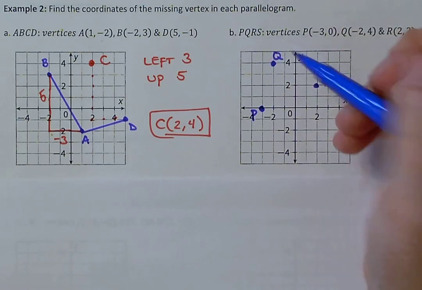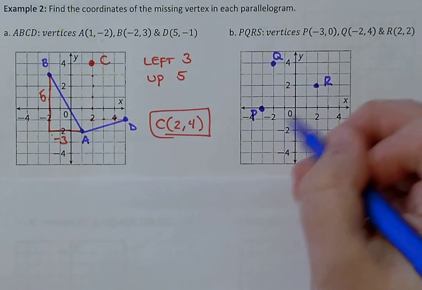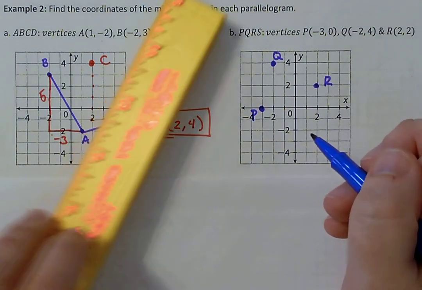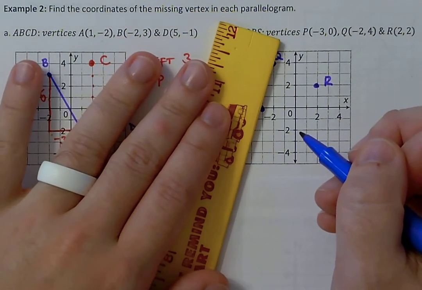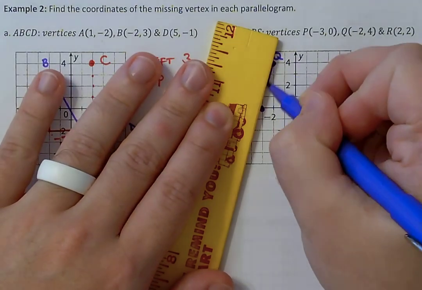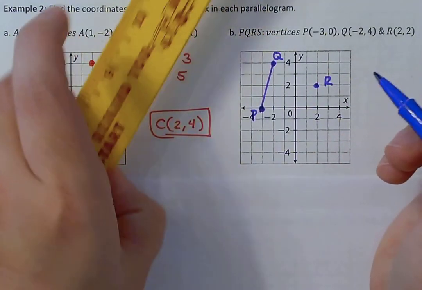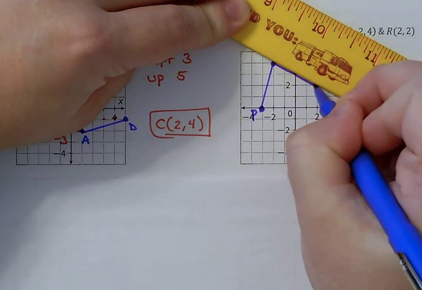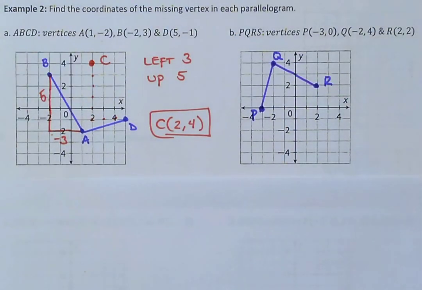So PQRS, so S needs to be in this area right here. That's our missing coordinate, and that's what we're going to figure out. So I'm going to draw half of our parallelogram real quick. So we need to figure out where S is going to be at.